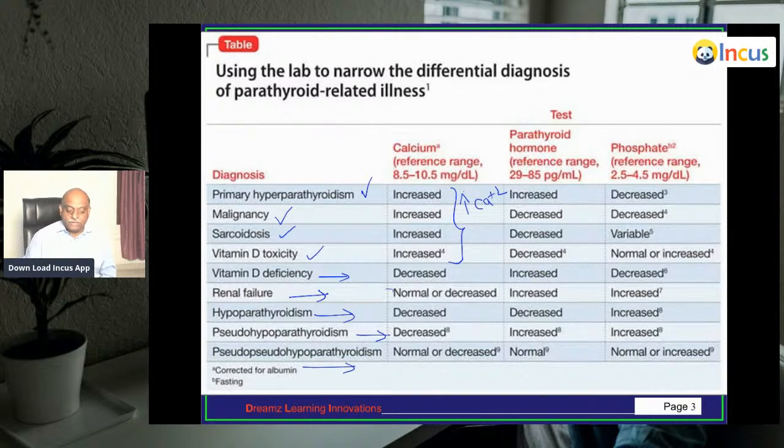So, doctor, vitamin D deficiency or renal failure. In renal failure, 1-alpha hydroxylase in the kidney is not available. That's the reason 1,25 vitamin D cannot form. That's the reason they have hypocalcemia. Similarly, hypoparathyroidism. Normally, parathormone will cause the retention of calcium in the serum and decrease the calcium in the urine.